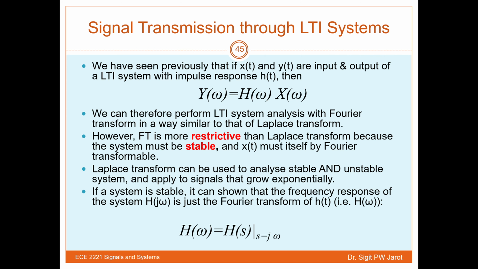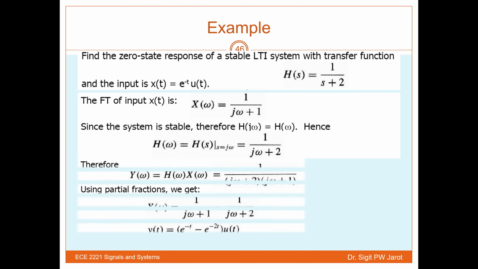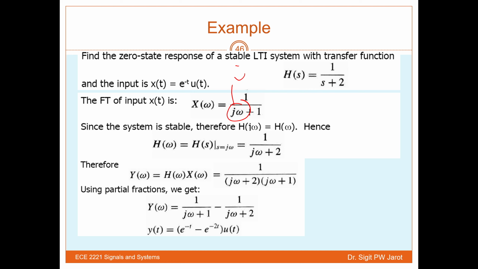Alright, so if a signal is transmitted through an LTI system, usually we have this formula: the output is the impulse response multiplied by the input. Let's say H(s) is 1 over s plus 2 and the input is j omega plus 1. j omega is actually s.